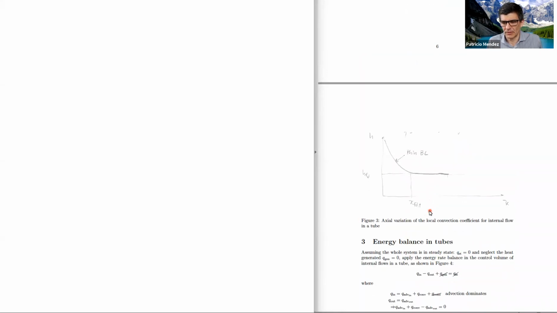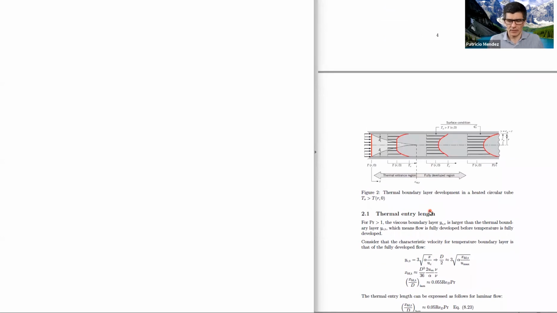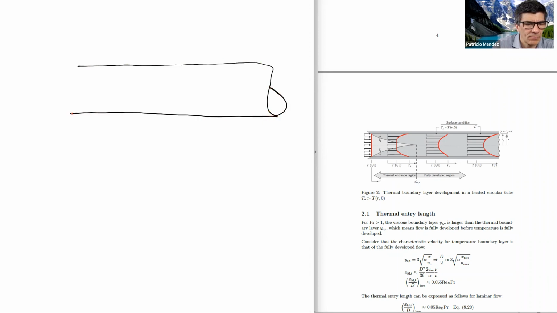Let's see if I have a better schematic. No, I'm gonna make one. So let's put technology to good use here. Let's say we have a pipe, and let's say we have flow coming in.